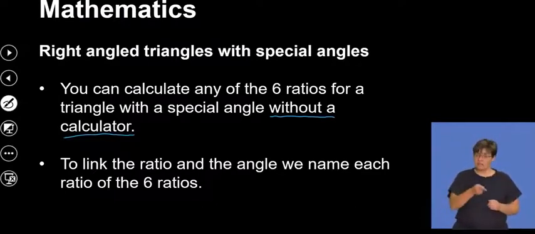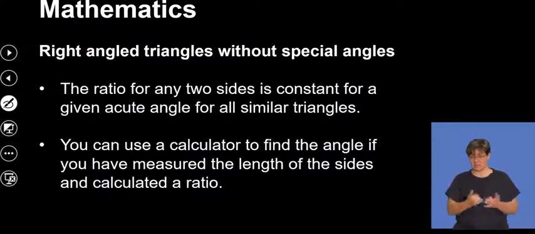We call them sine, cosine, and tangent, and then we look at the other 3 ratios, but we'll look at that just now. The ratio of any 2 sides is constant for a given acute angle for all similar triangles. Remember, that was the conclusion we came to when we were looking at those 2 tables with 30 degrees. And I hope you also saw the same thing with the 60 and the 45.